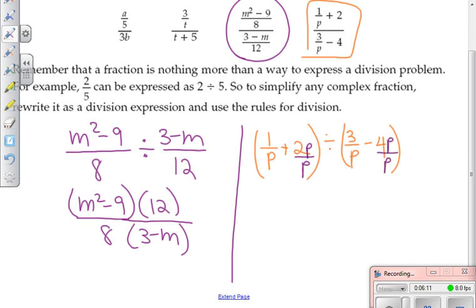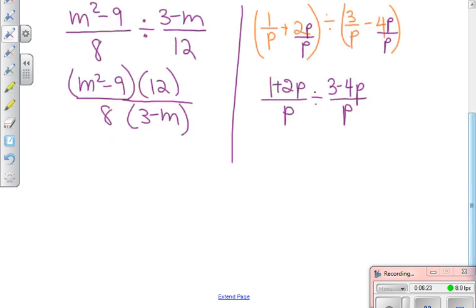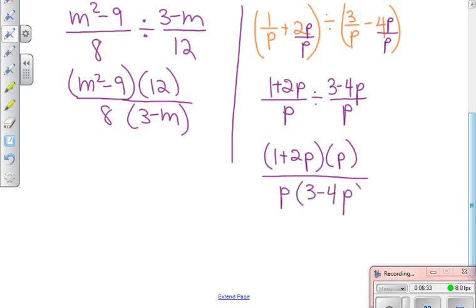So what I have is 1 plus 2p over p divided by 3 minus 4p over p. Now I can multiply by the reciprocal and have 1 plus 2p times p all over p times 3 minus 4p and cancel as I would normally.